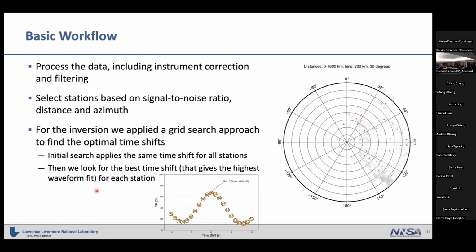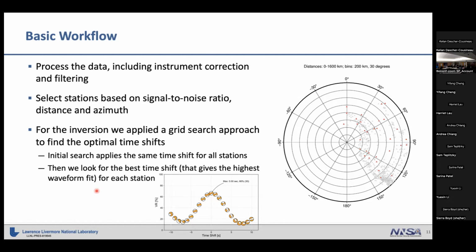The basic workflow for the 3D moment tensor inversion is somewhat similar to the 1D case. Of course, we process data, and because we're using absolute amplitudes, we have to include instrument correction, filtering, all that stuff. Because the data set includes quite a bit of data, we employ station selection criteria based on signal-to-noise ratio and then distance and azimuth.